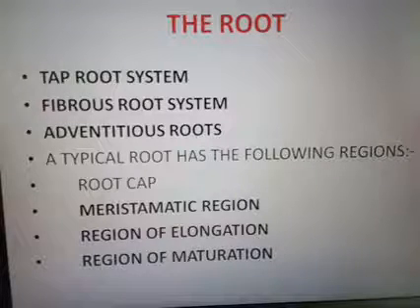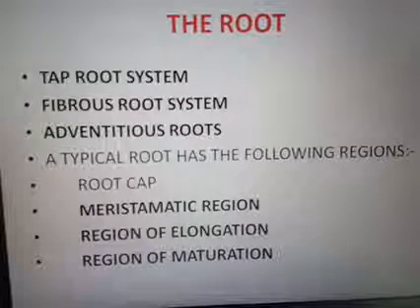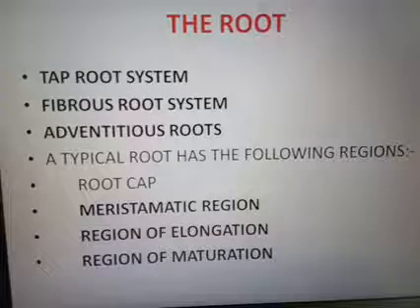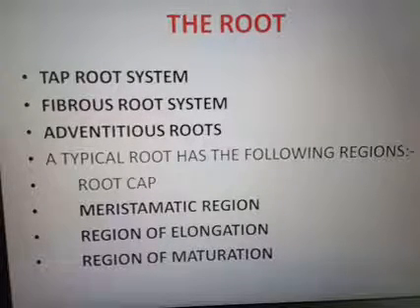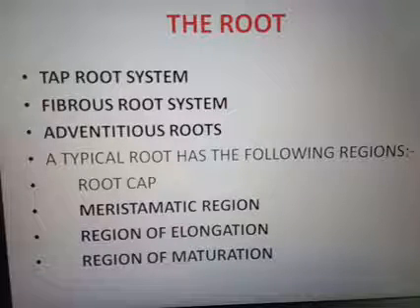So the tap root system is the feature of the dicot plant. Clear? The monocot plant feature is the fibrous root system. Suppose we are plucking a paddy, we can see the fibrous root.